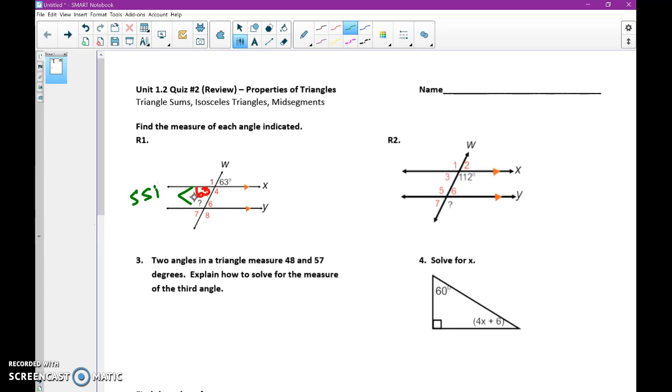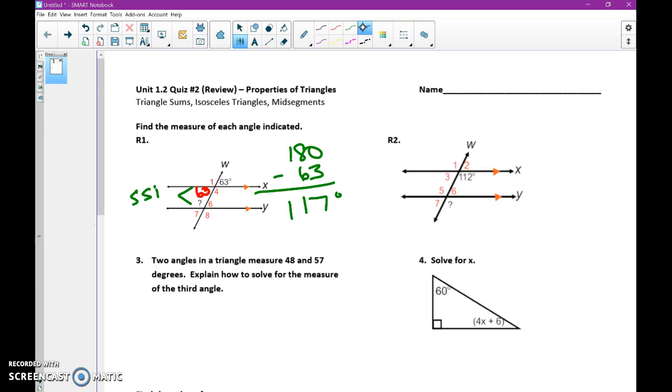So if I know that this is 63, that means that this must be 180 minus 63. So if I do a little quick math in my head, I believe that ends up being 117 degrees. I believe that's correct. Okay, so a little bit extra steps there, but good refresher on our angle types.